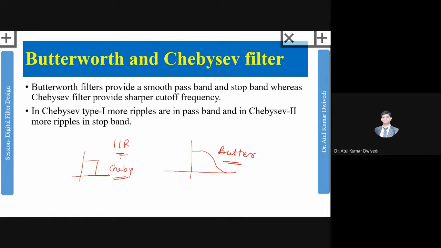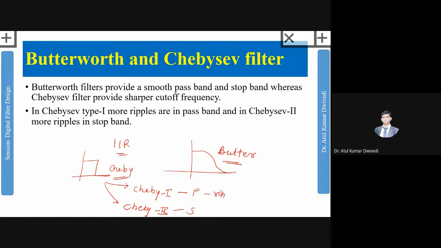Now, in Chebyshev you might have seen that there are two types: Chebyshev 1 and Chebyshev 2. The first type has more ripples in the passband, so Chebyshev 1 means passband, and Chebyshev 2 means stopband.